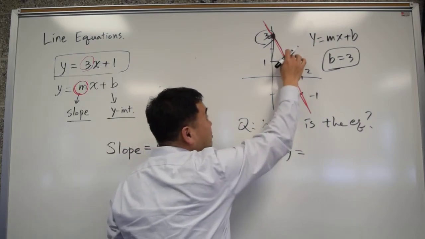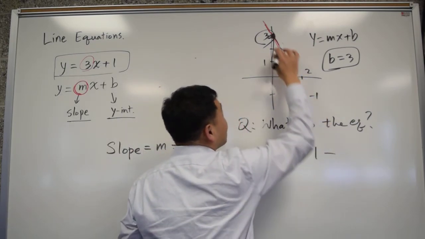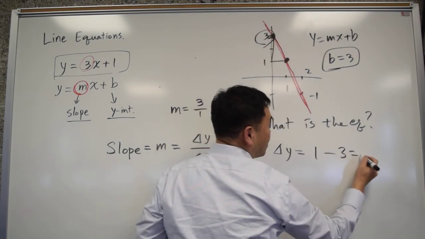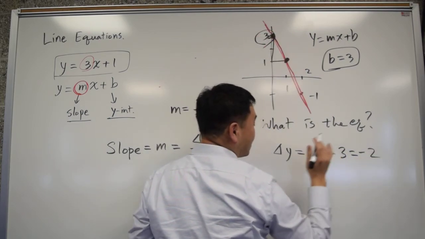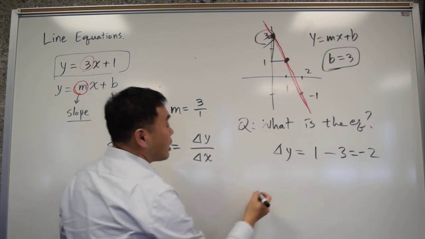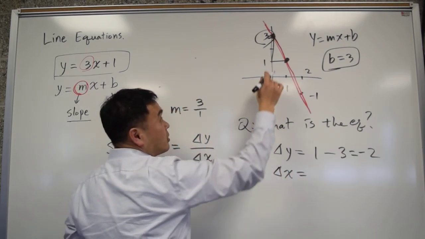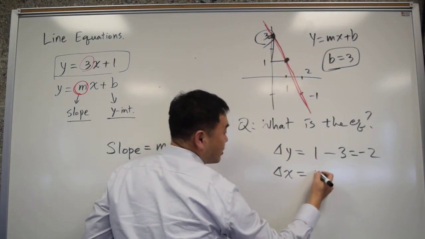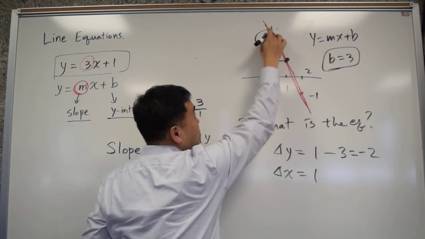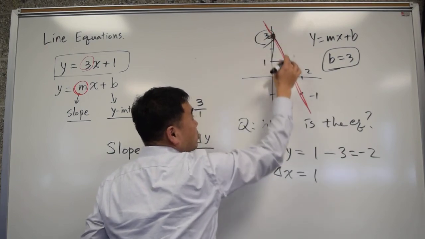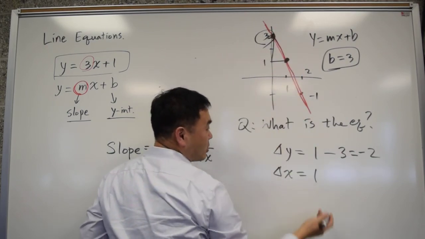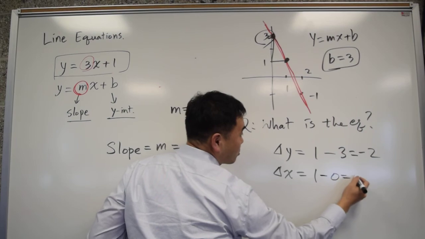So the final value of y is 1, and the initial value of y is 3. If you subtract like that, then you get negative 2. That's the change in y. Now, what is the change in x? 1. Right? Went from here to there, the x coordinate changed from 0 to 1, right? Or you can also say 1 minus 0 equals 1.